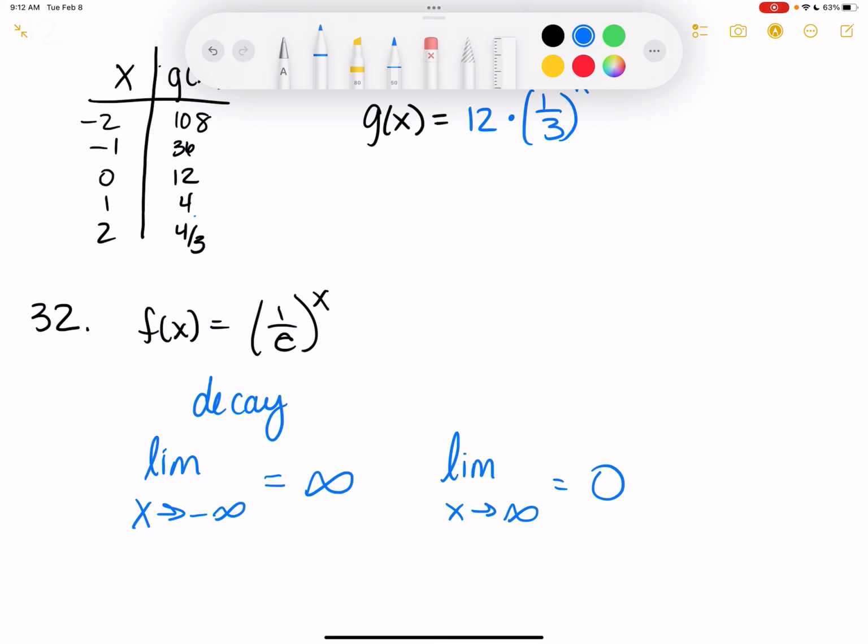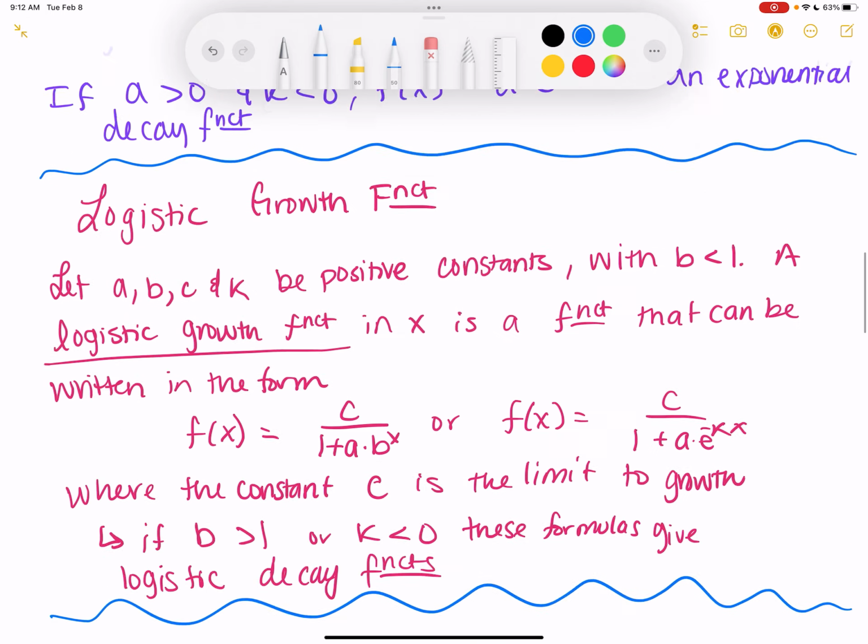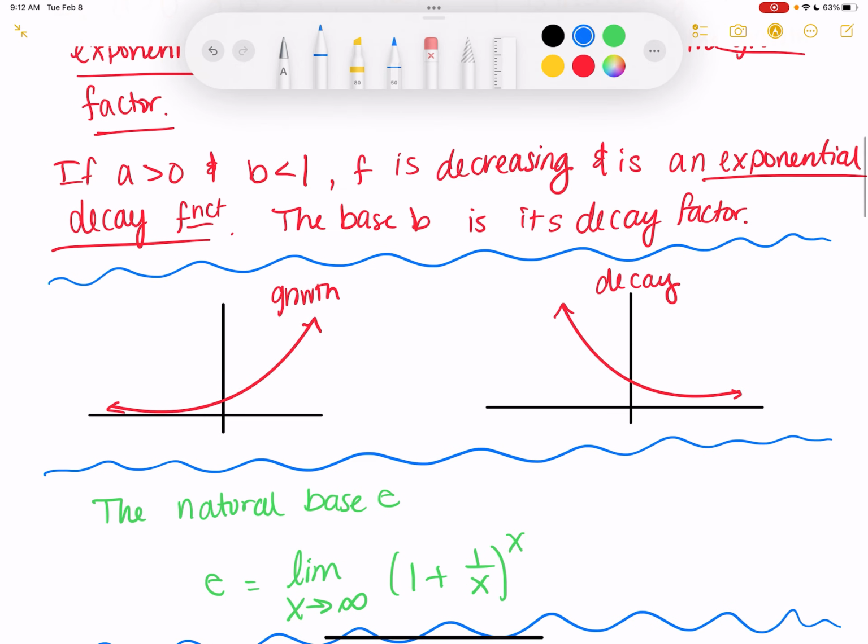When you have growth and decay functions, going back up to my pictures, as you go to negative infinity, it's going up to infinity. As it goes to infinity, it's getting close to 0. So if you know which one it is, you pretty much know what the limits are.